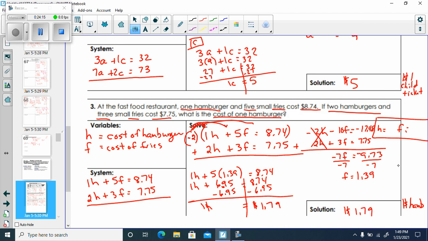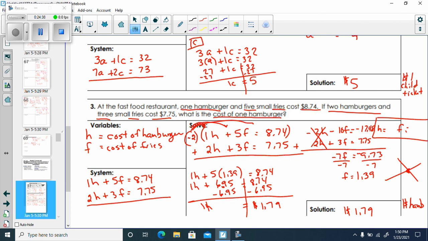Although I was able to get where these two lines intersect, which would be 1.39 and 1.79, all they asked me for was one of the answers, which is the cost of a hamburger. See, when you're doing this, these equations actually represent real-world scenarios, okay?